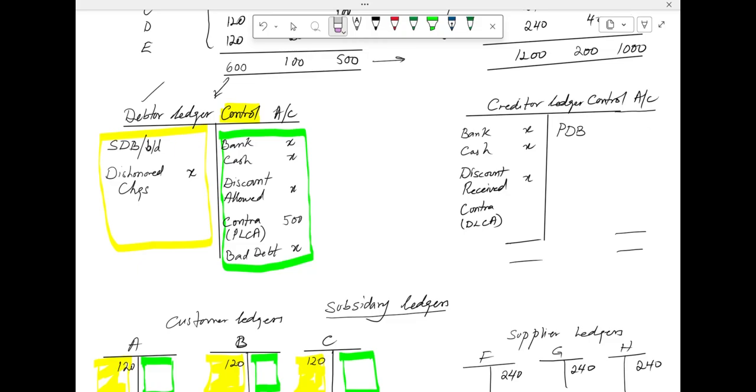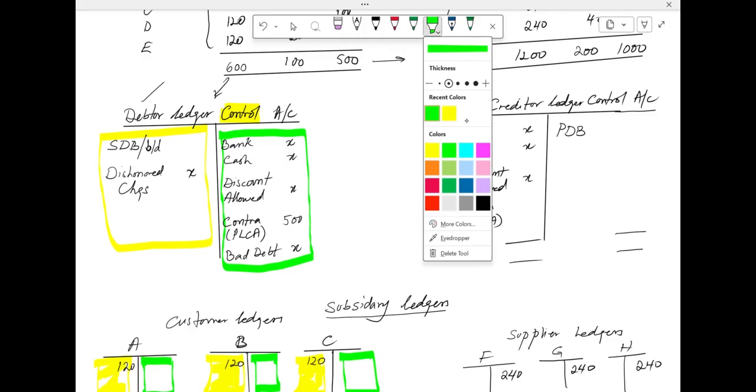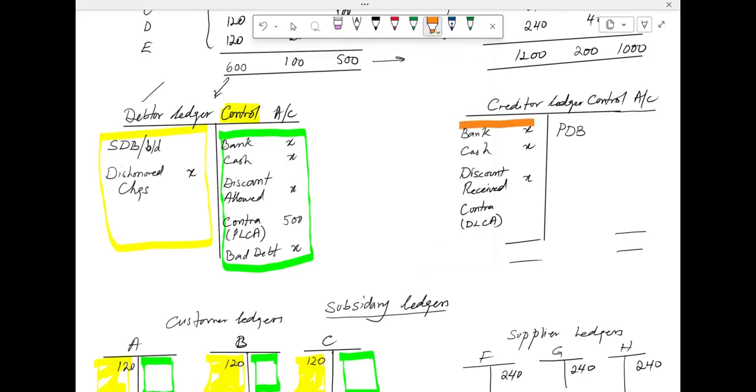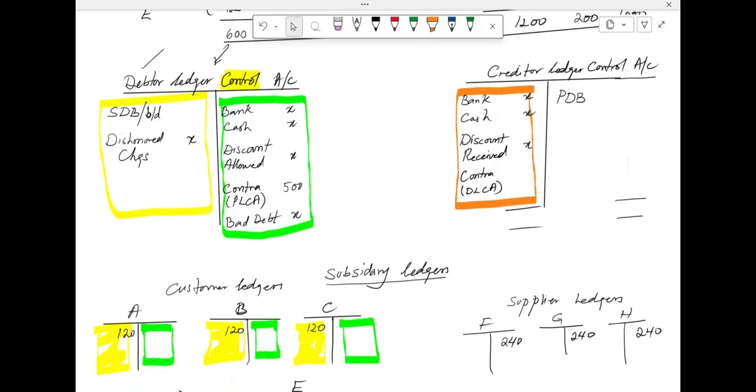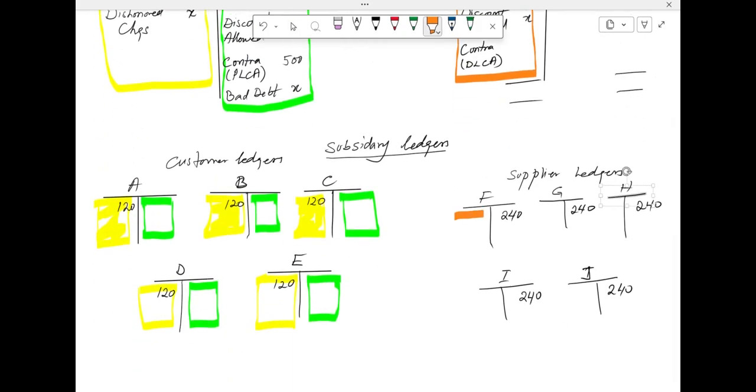And again, remember to follow the colors. Whatever will appear on the debit side of the creditor ledger control account will appear on the debit side of the individual suppliers or creditors accounts, the list of creditors.